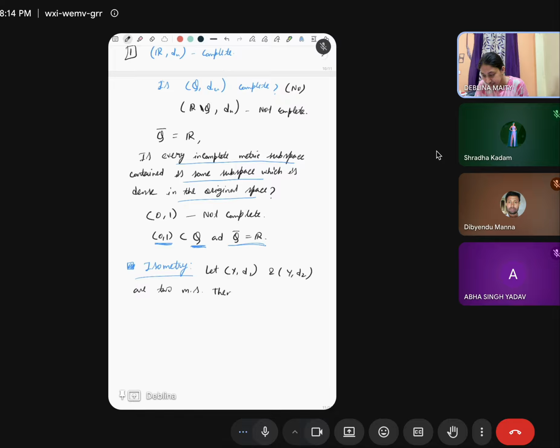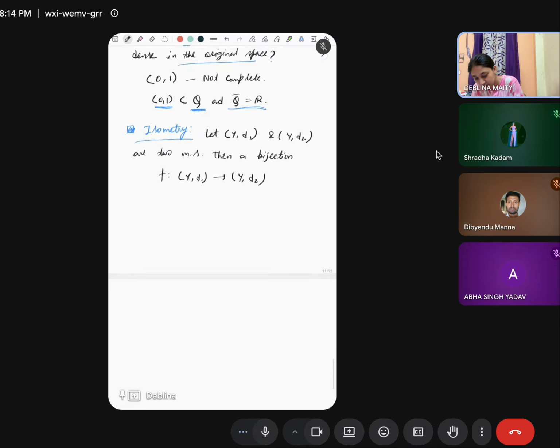Then a bijection, meaning it is one-one and onto, a bijection f from (X,d1) to (Y,d2) is said to be an isometry if for any a, b belonging to X, the distance between a and b in the domain is equal to the distance between the images in the codomain.